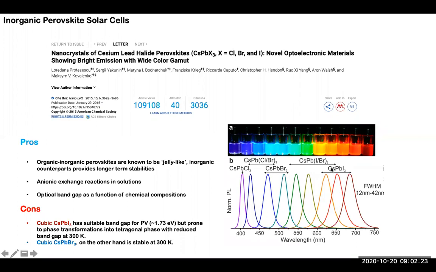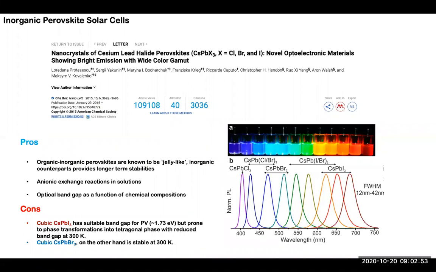You can easily tune the percentage of different halide compositions via solid state reactions. And as you can see here, it really gives you a broad spectrum of visible light for the optoelectronic properties of these materials. So rather than doing difficult vacuum doping techniques like silicon, you can manipulate them in solutions, which is much cheaper.